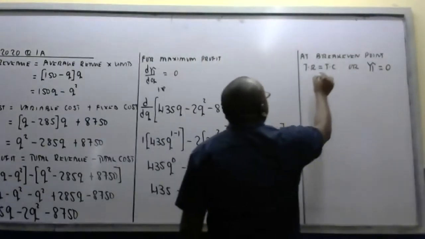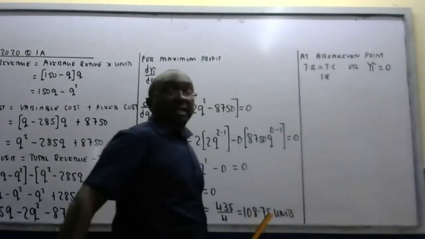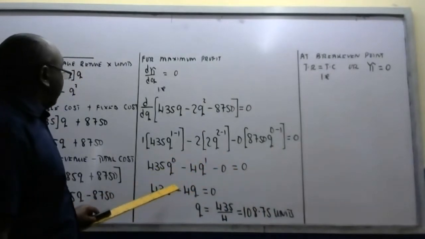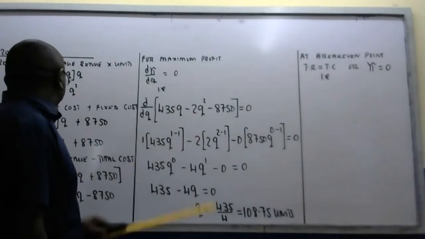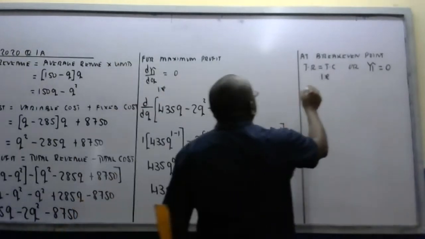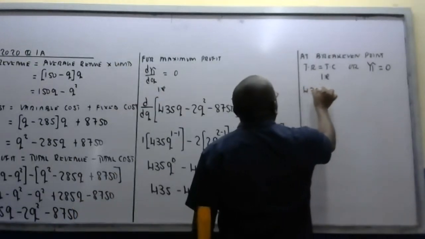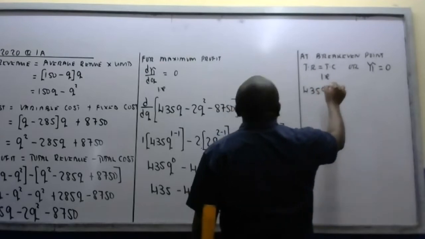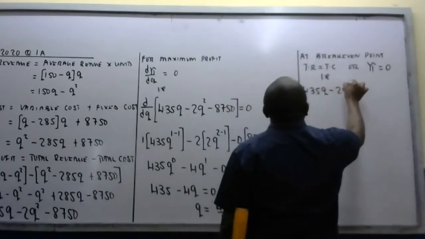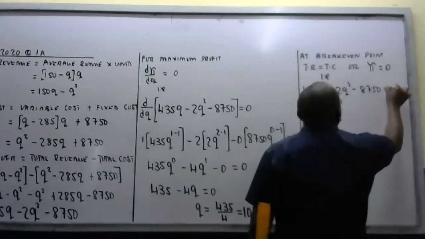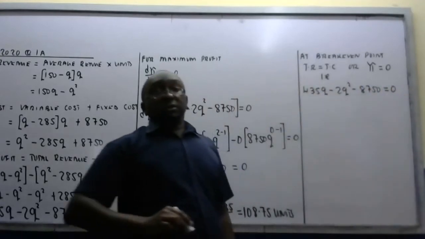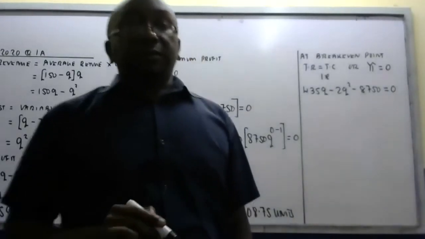So you now take this equation that we have been having for the profit, 435q minus 2q squared minus 8750 is equal to 0.